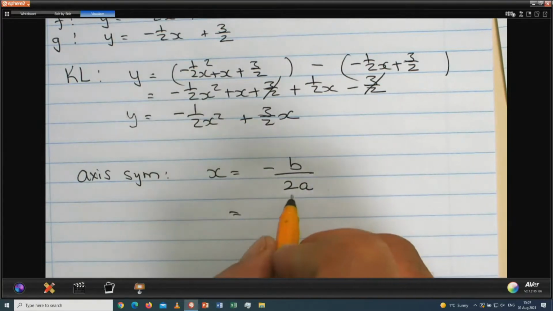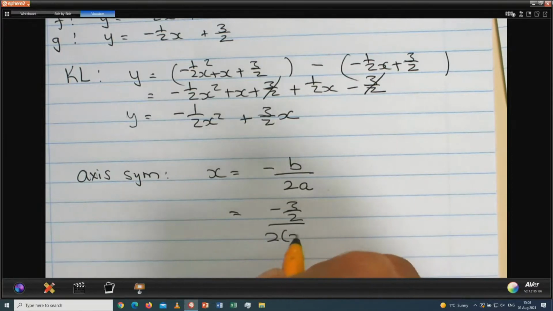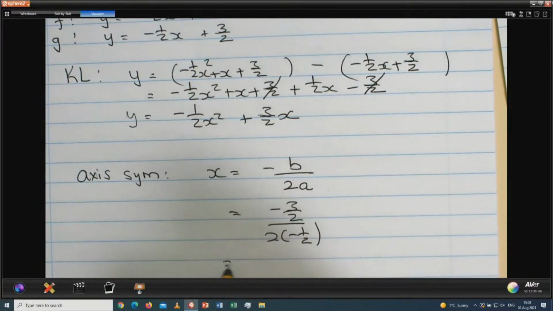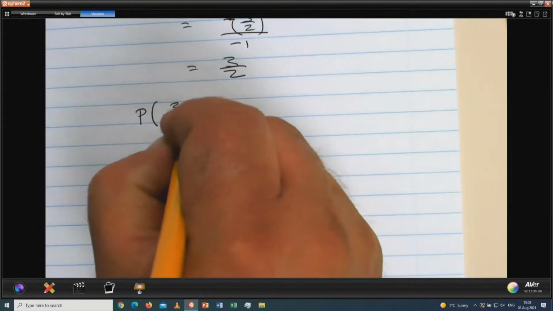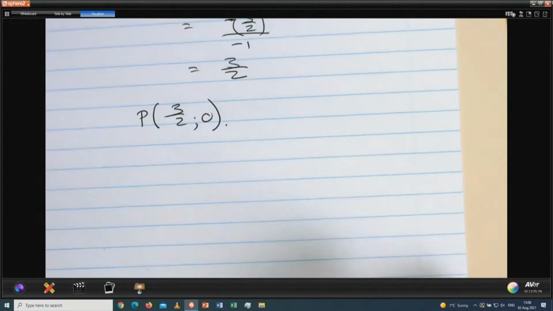So the b value here is minus 3 over 2 times negative a half, which is equal to negative 3 over 2 over negative 1. So it gives you 3 over 2. So the p value is 3 over 2 and 0. Why is it 3 over 2?